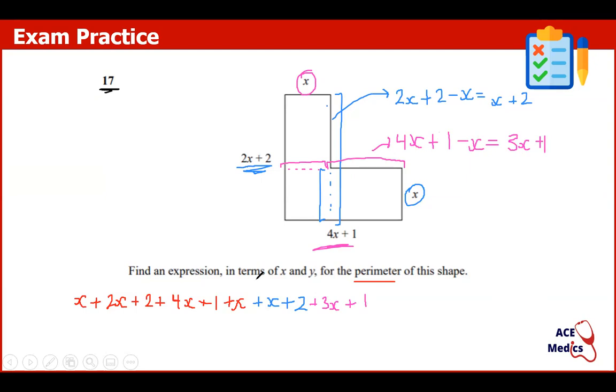So now we've got all of the sides of our perimeter there. We just need to simplify this really long expression that we have. So it is going to be, let's have a think.